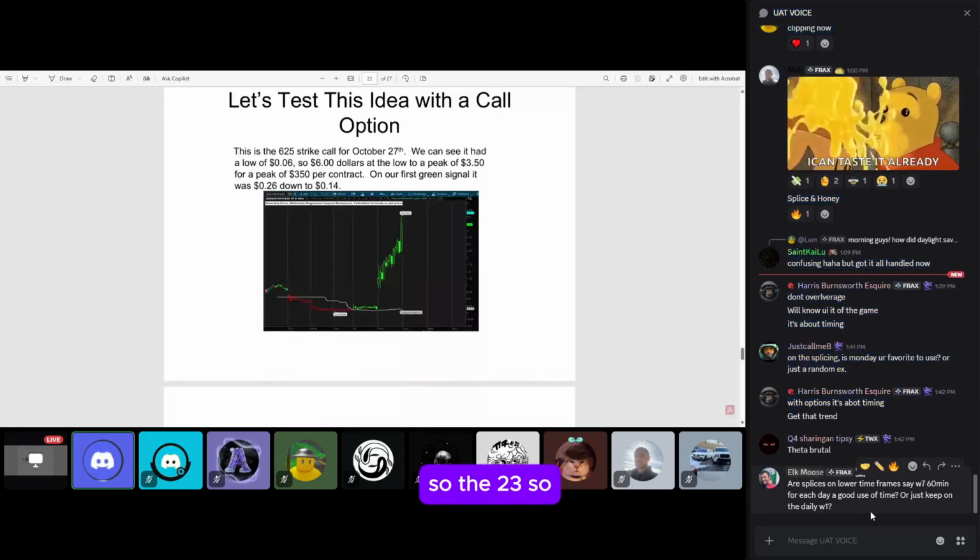So $2 to $3 on an option is 200 to 300 per contract, and at $23 an option is 2,300. So in that case, $200 to $300 became $2,300 for every contract you bought. So if you bought 10 contracts, $2,000 or $3,000 became $23,000. So it's pretty potent.